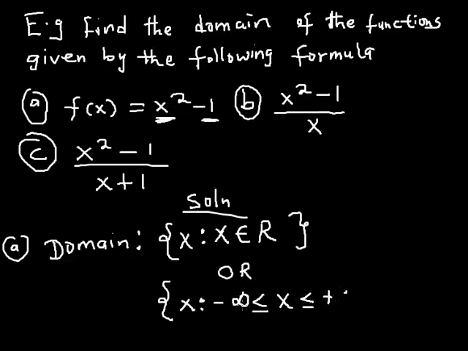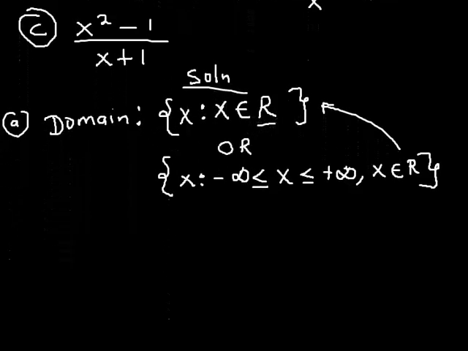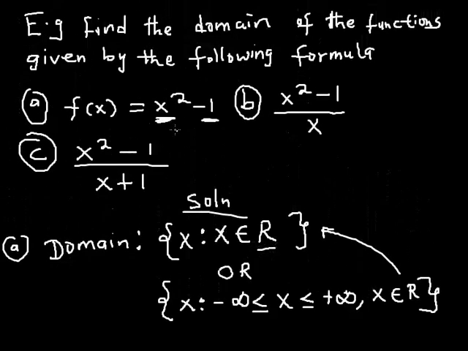Please, this is the symbol for infinity. So from negative infinity to positive infinity, x also belongs to the set of real numbers. But I think this is shorter, so just say that my domain is x such that x is all real numbers. That is for my A. So all real numbers is permissible.